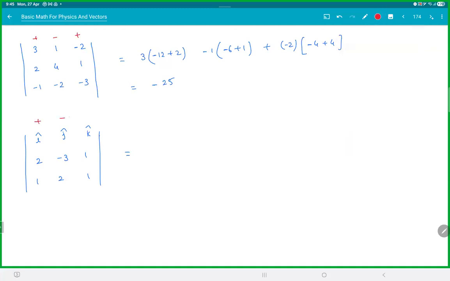Same logic here, plus, minus, plus. So the first term will be plus i cap. So instead of a number, you'll put plus i cap. That's the only difference there. And this will be minus 3. Then this will be minus 2. This will be minus j, that will be 2 minus 1, and this will be k, and this is 4 plus 3.